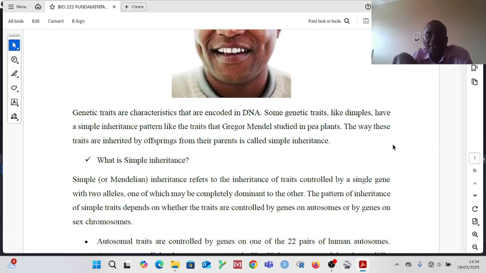Autosomes, if you remember, are chromosomes that don't determine sex. The sex chromosomes are the ones that determine the sex of an organism. In human beings, the sex chromosomes are the X and the Y. As human beings, we have 23 pairs of chromosomes. Only one of those 23 pairs is a sex chromosome, and the other 22 pairs are autosomes.